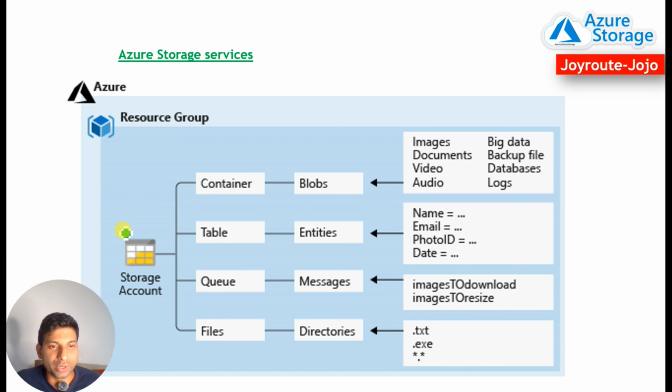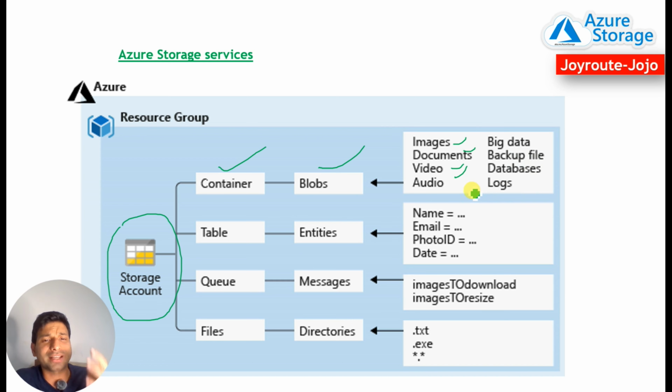First of all, we should have a storage account. In the storage account, you can create a container for blobs. In the blobs you can store images, documents, videos, audios, big data, backup files, databases, and logs. Any unstructured data you can store in the container. It's called blob storage.